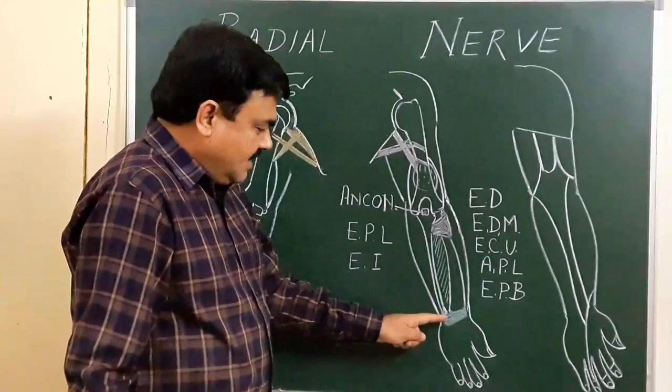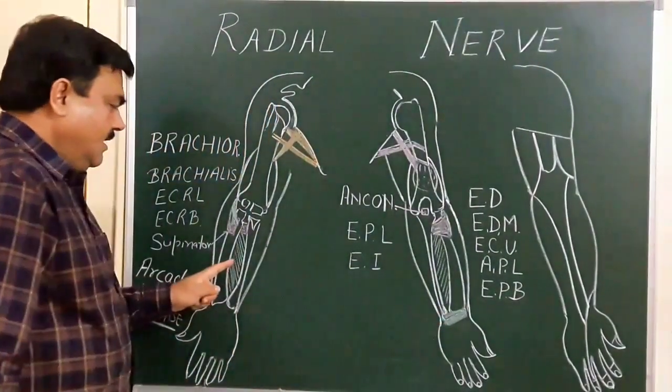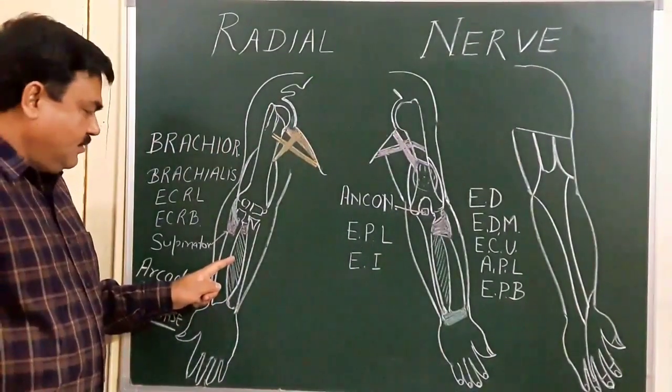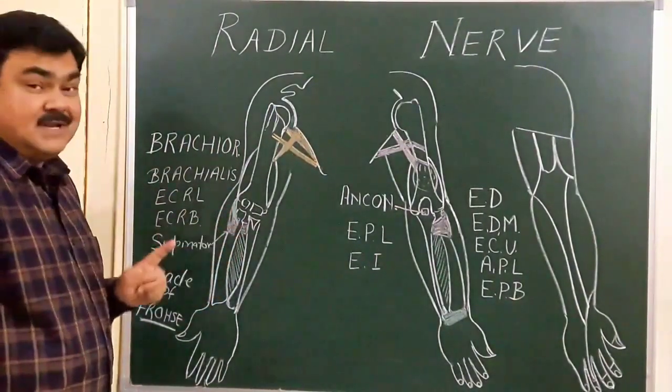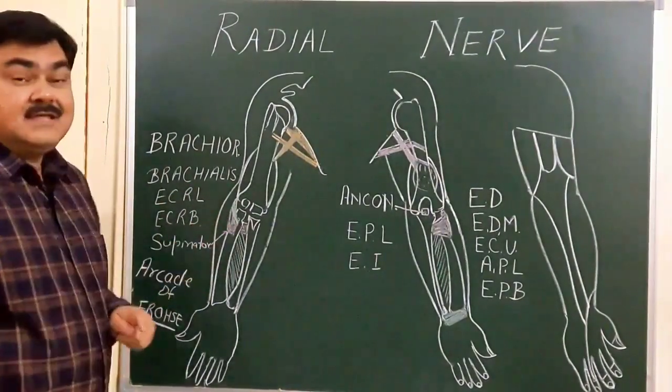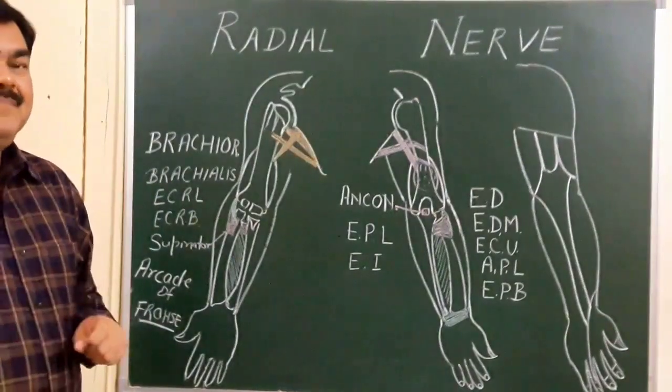Here is the extensor retinaculum. In this diagram, the anterior view, this is the interosseous membrane and this is the supinator muscle. The supinator muscle has two layers, a superficial and a deep layer.